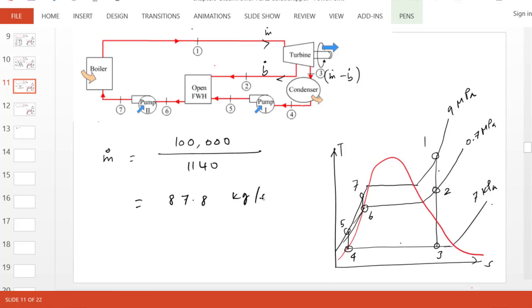If the mass flowing through the boiler is 87.8 kg per second, then we'll produce 100,000 kilowatt, which is 100 megawatt.